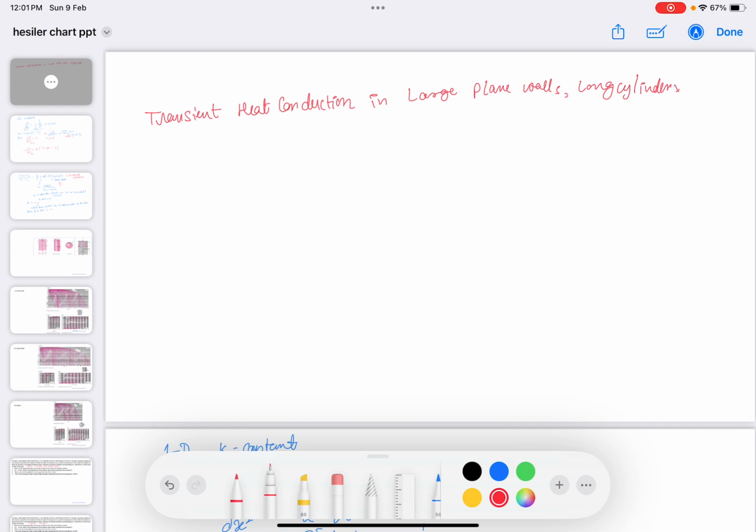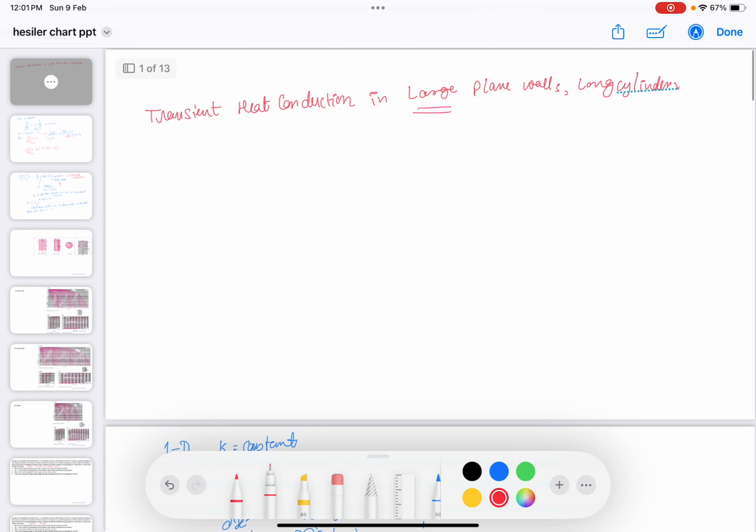Large here means that only one dimension is of importance. The other two dimensions are very large as compared to that dimension in which the heat transfer is occurring. So we will consider only the one dimensional heat transfer problem. That is the meaning of large and long here, and sphere. For long cylinders, it means that axial conduction is negligible and we are considering only radial heat transfer.